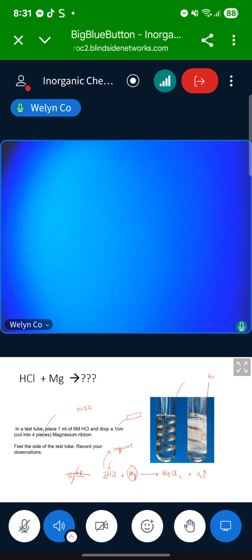So this is hydrogen arrow up. Okay. So this is your chemical reaction to form new products, undergoing chemical changes. Anong nagbago? Magnesium ribbon mo. What happened to the magnesium ribbon? Dissolve to form now your solution, magnesium chloride and the hydrogen.